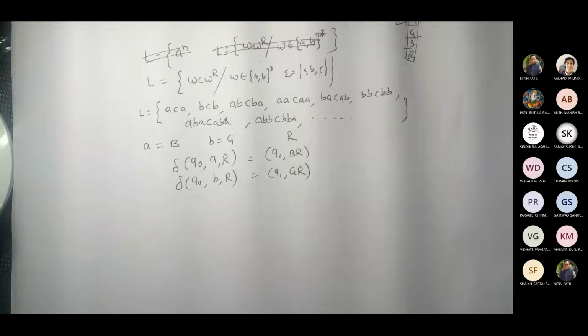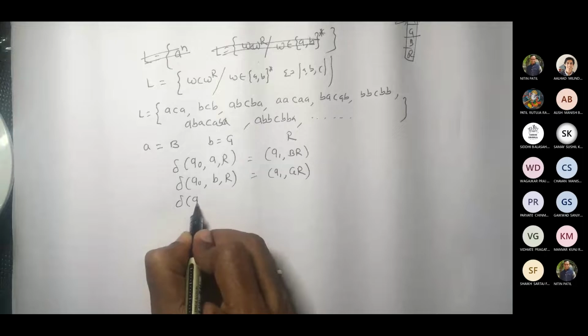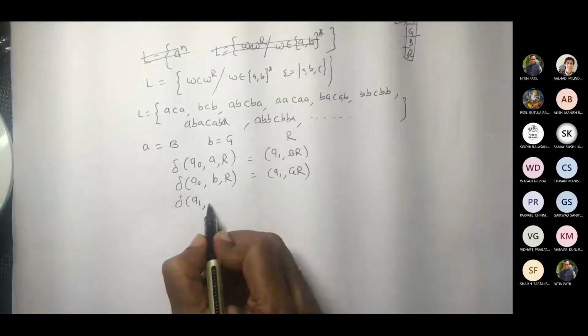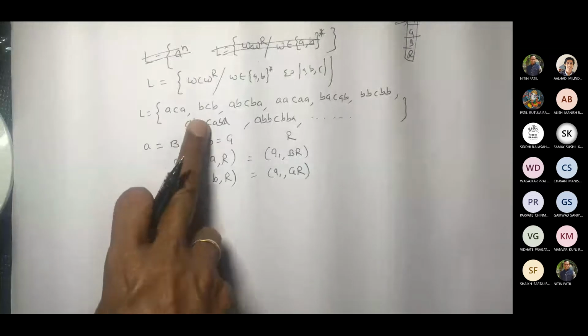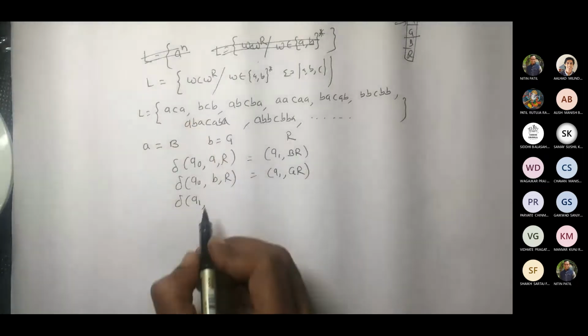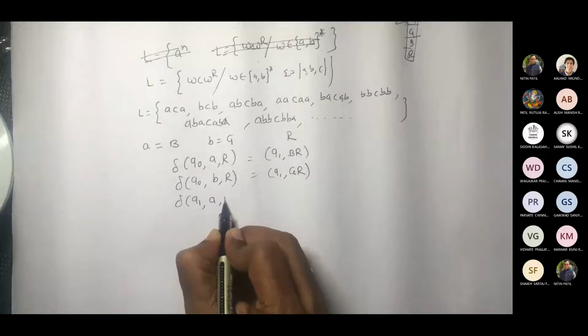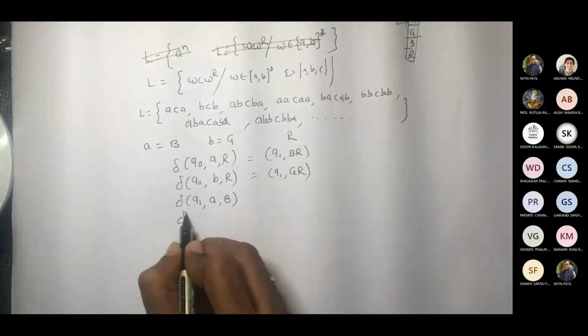Okay. Now in which state would we be after processing the first symbol? We will remain in Q1. Now after the first A or after the first B, we may get A or B. We don't know. So we have to write this. So I would be seeing this case.